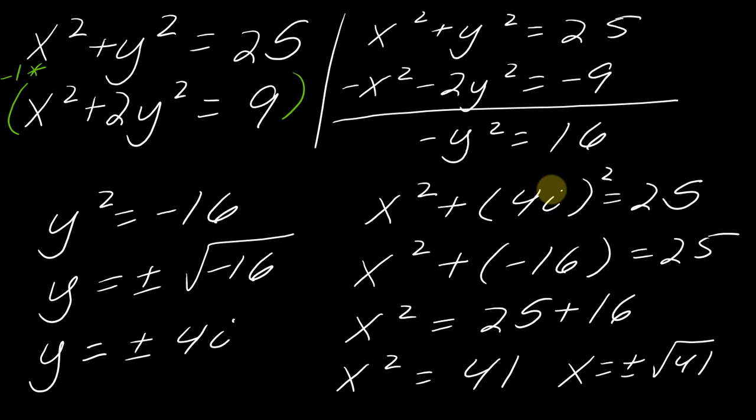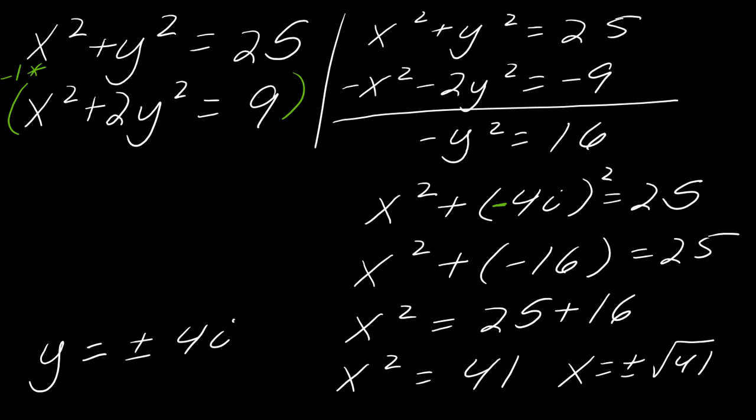Now, just notice if I were to take the negative of that, if I start this over again and put a negative in front of this 4i, negative 4i squared still equals negative 16. If you want to see the work for that, let me clear a little space. So I've got negative 4i.